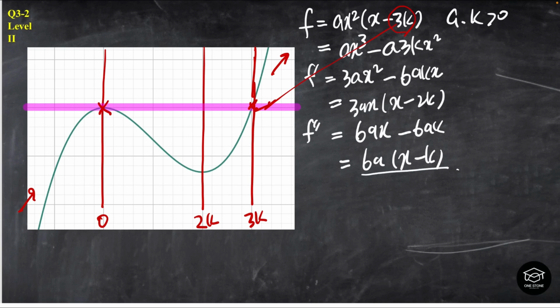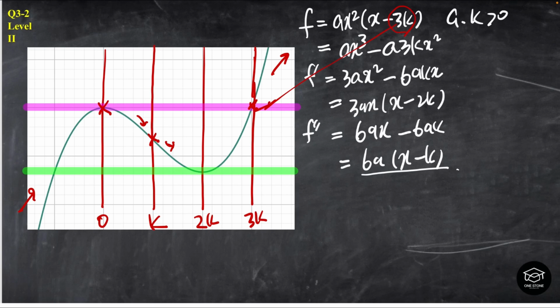When the second derivative equals 0, it indicates a potential maximum or minimum point of the first derivative. In terms of the original function, this corresponds to the point where the concavity changes, from concave down to concave up, or from concave up to concave down. Such a point is called an inflection point. Setting this equal to 0, we find the point of inflection occurs at x = k.